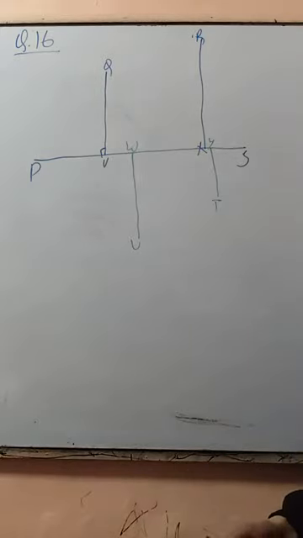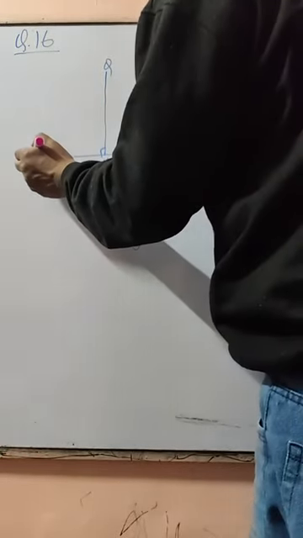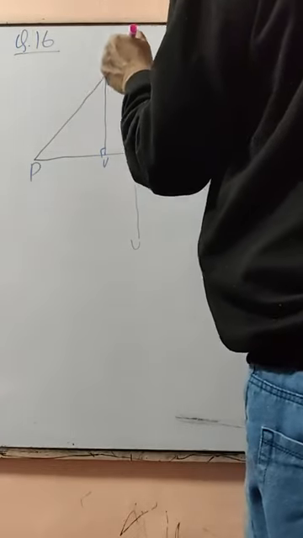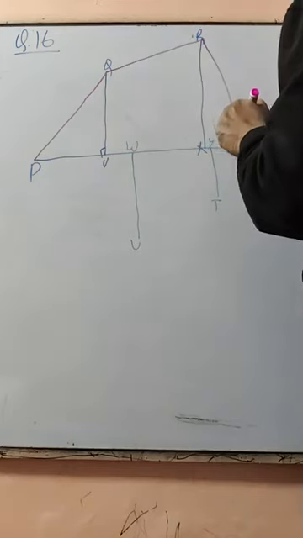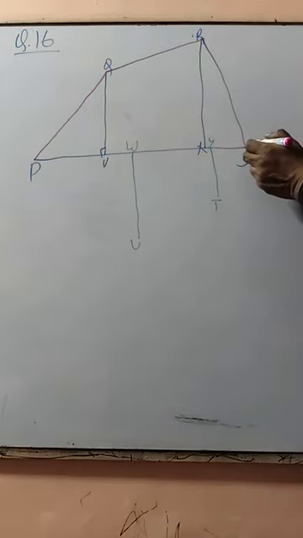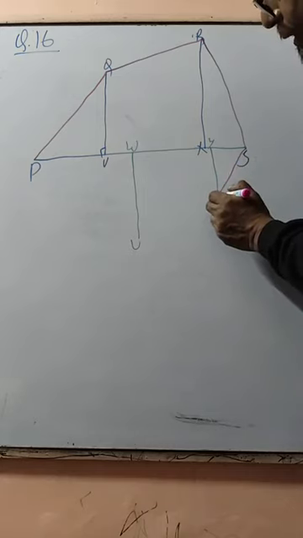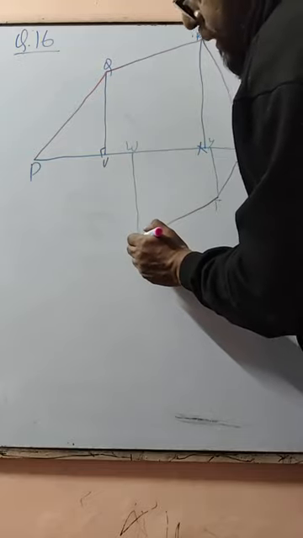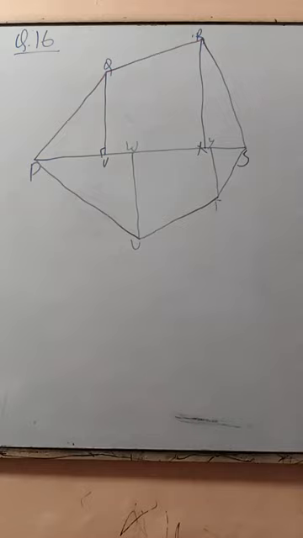So now what do you do? This is the polygon. Yes, sir. Now we come to this polygon. Right? Now we come to this, and then we go to this. Getting? Yes, sir.